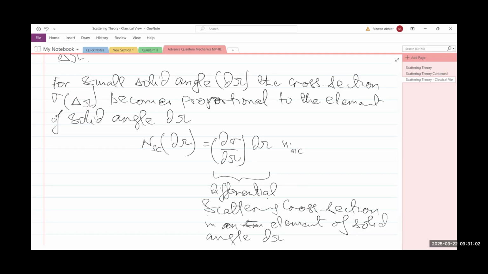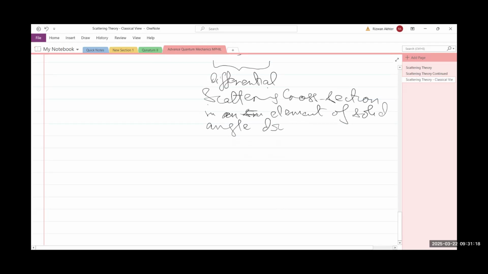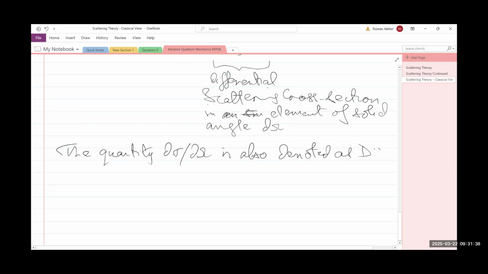ये जो quantity है d sigma upon d omega, इसको DCS से भी जाहिर किया जाए. DCS का मतलब differential cross section. So in a short hand notation, the quantity d sigma over d omega is also denoted as DCS.